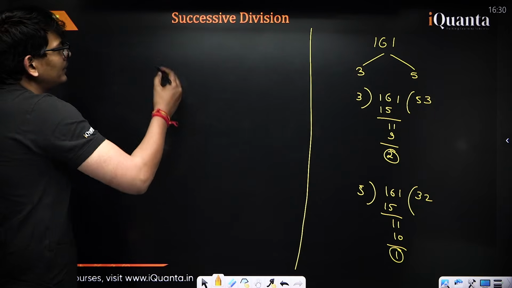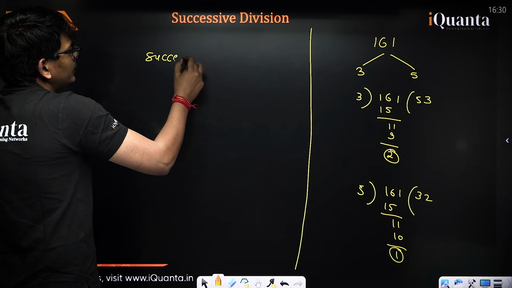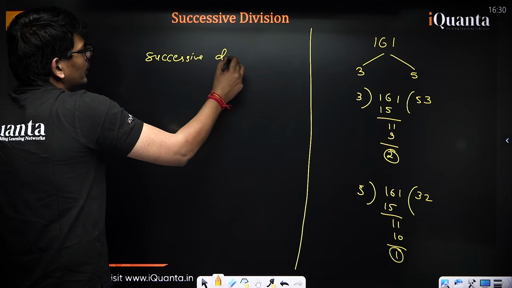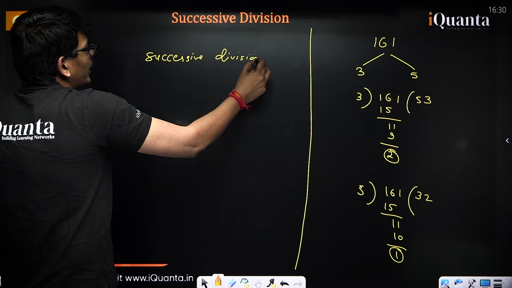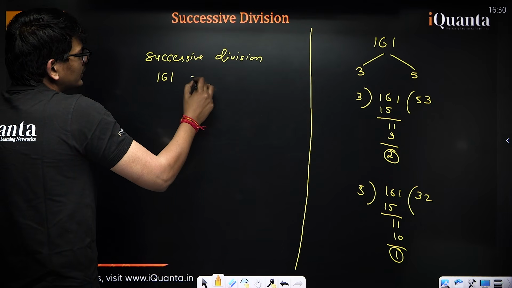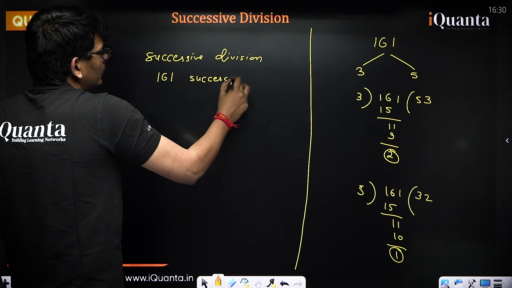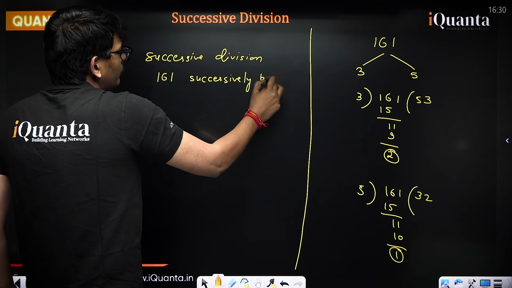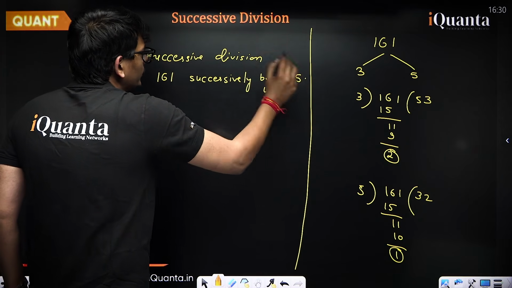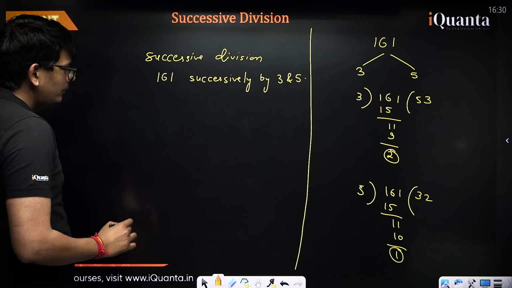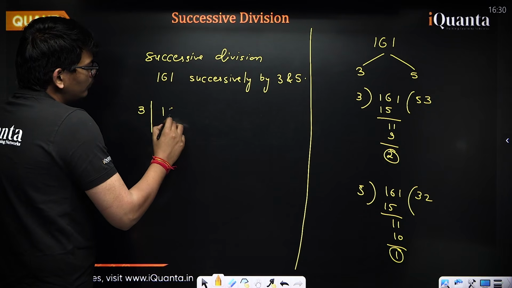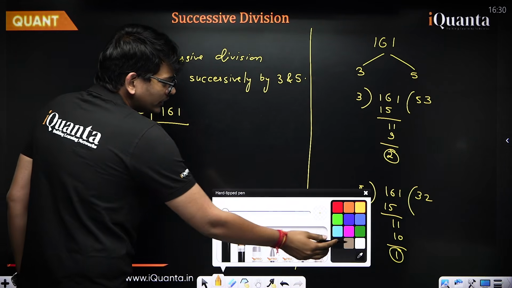In successive division, the question setter asks you to divide 161 successively by 3 and 5. So how will you do that? Let's try to understand. First, you will divide the number 161 by 3, because 3 is coming first.